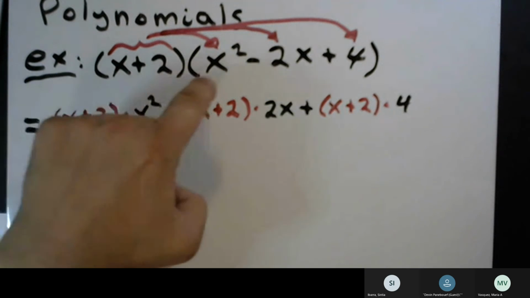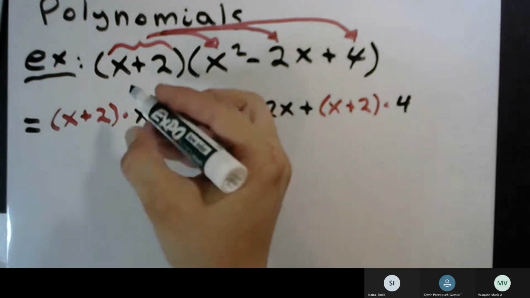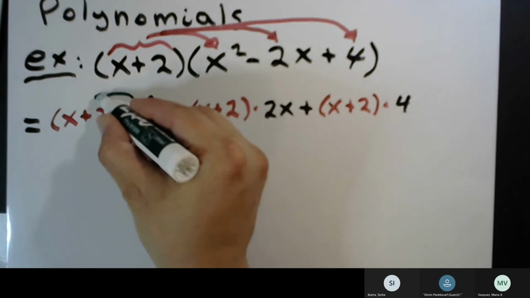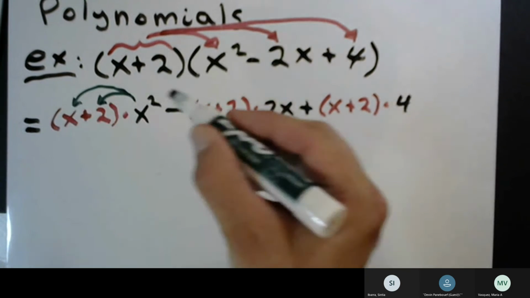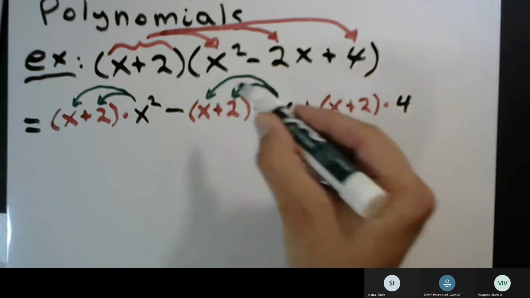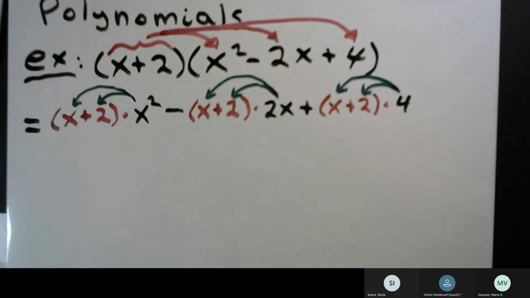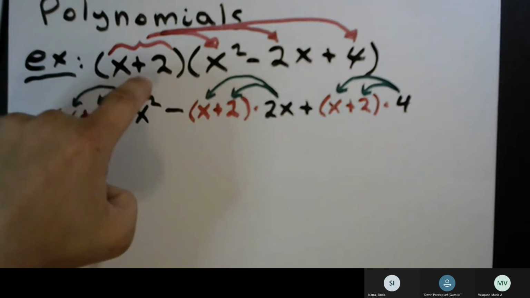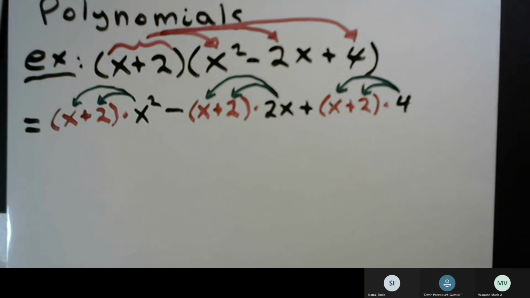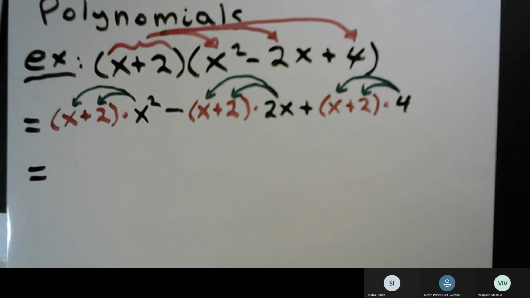Now we're distributing this to each of these three terms, and then we've got to distribute this in turn. Because it's a binomial and a trinomial, there is another way we could do this. We'll talk about that.